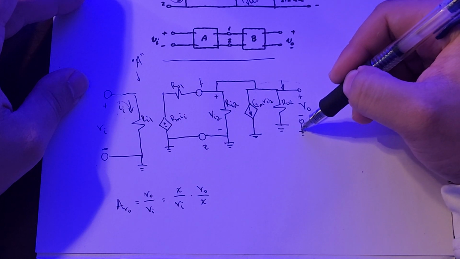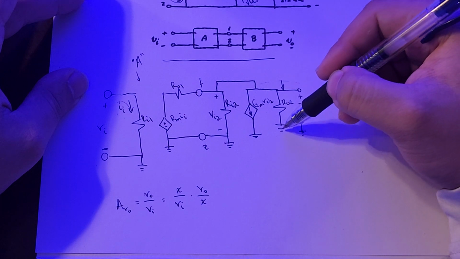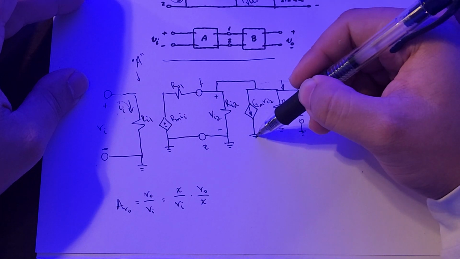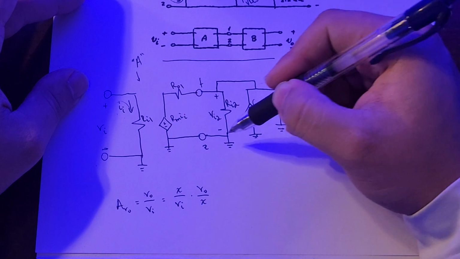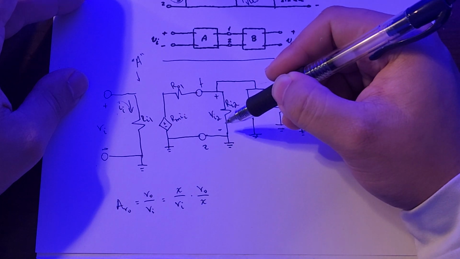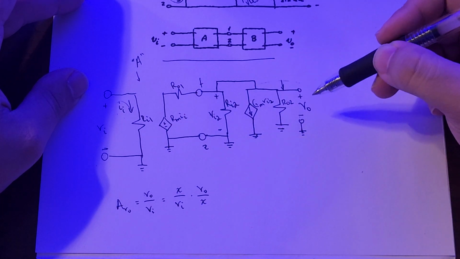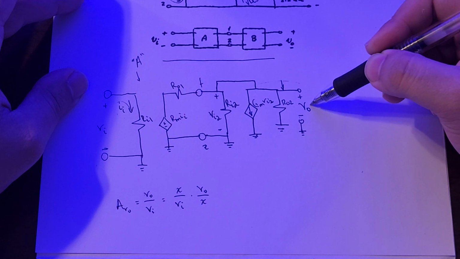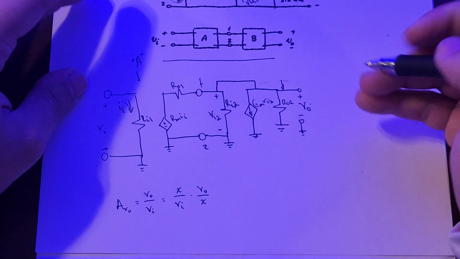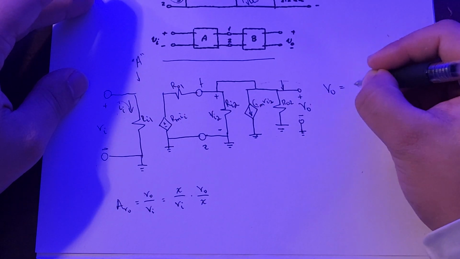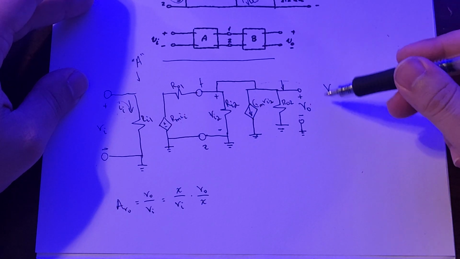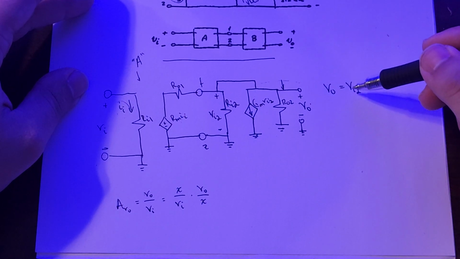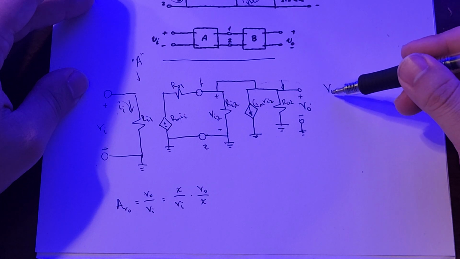The negative sign is connected to ground, which is just a wire that is in common with this point, and this point. So we can say the negative of VO is equal to the negative of VI2. In saying that, we know now that VO is equal to VI2. So we can replace Vout with Vi2, or we can replace Vi2 with Vout.